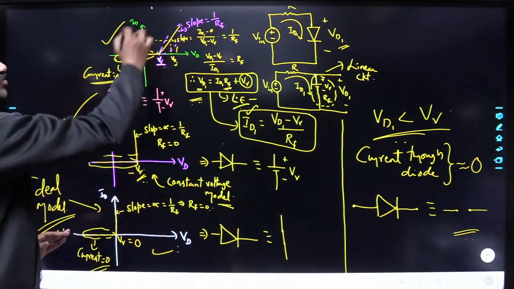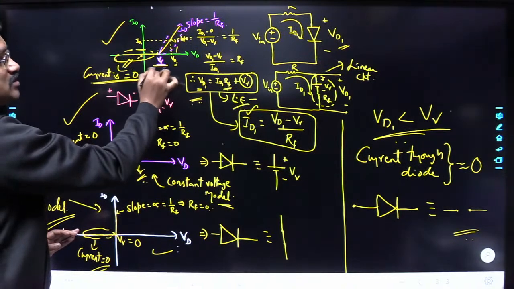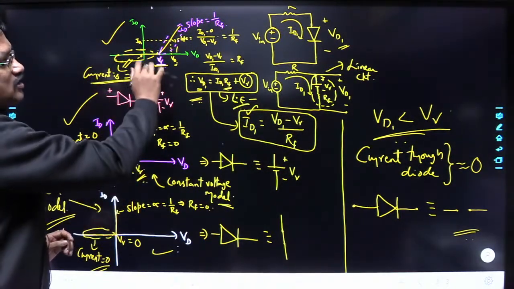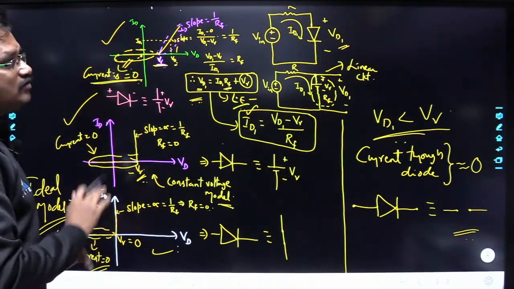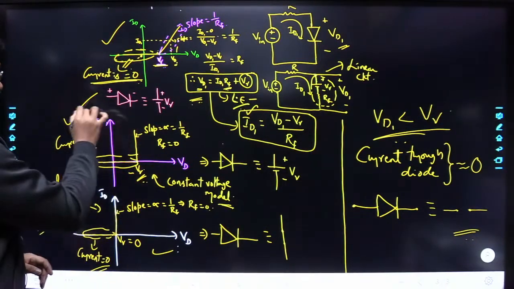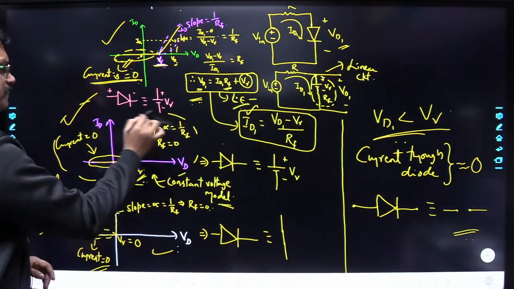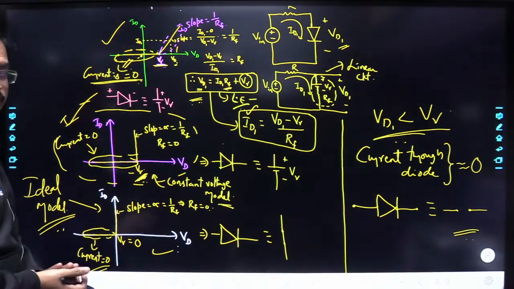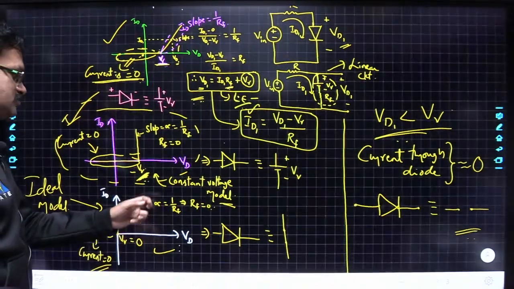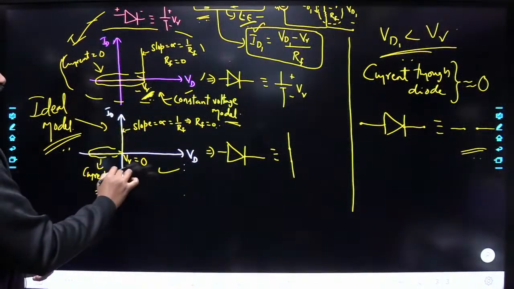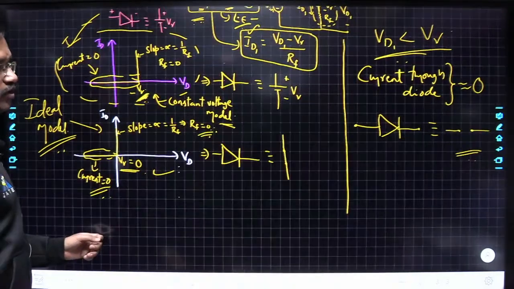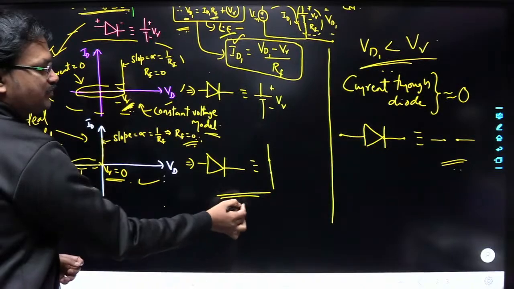So in this model, you are going to have V gamma, some non-zero cut-in voltage, and also some forward resistance. In this model, the forward resistance will become 0, and V gamma has some non-zero cut-in voltage. And in this model, the cut-in voltage is equal to 0 and RF is also equal to 0. So here you can replace the diode with simply a short circuit.